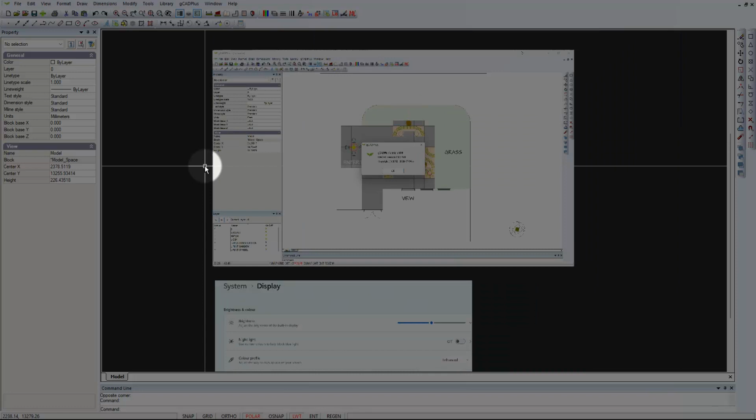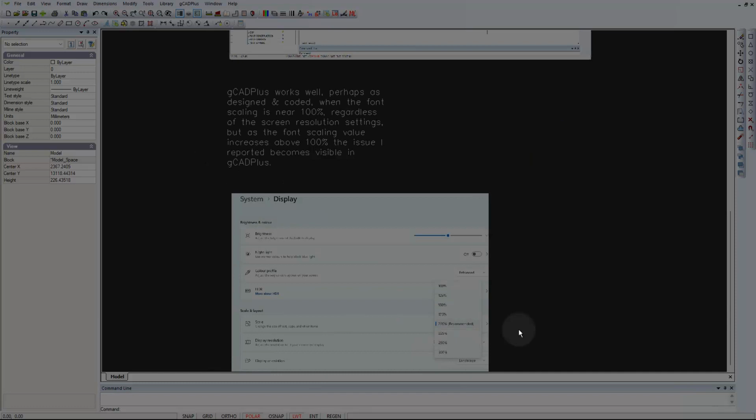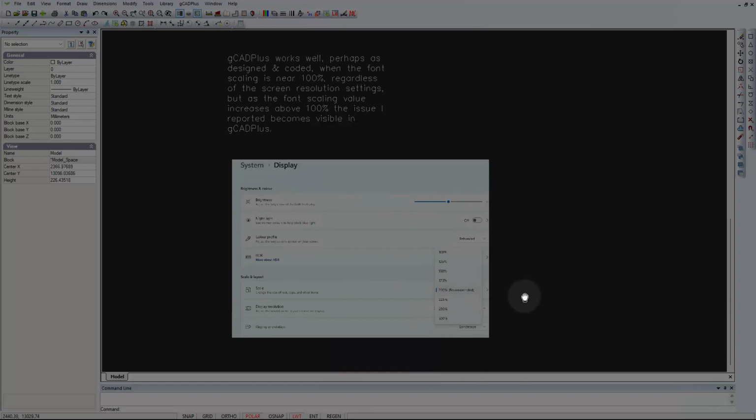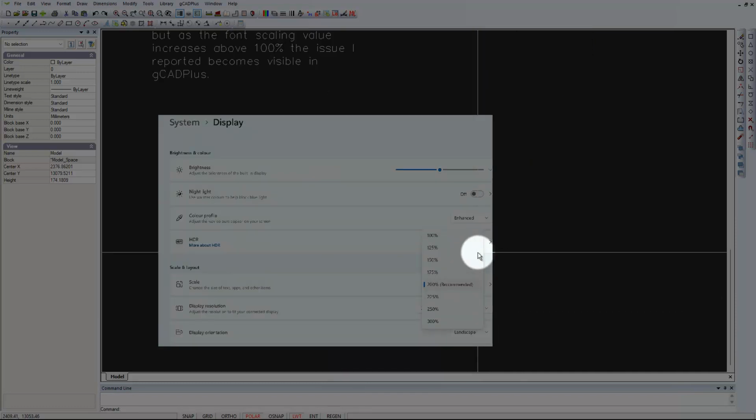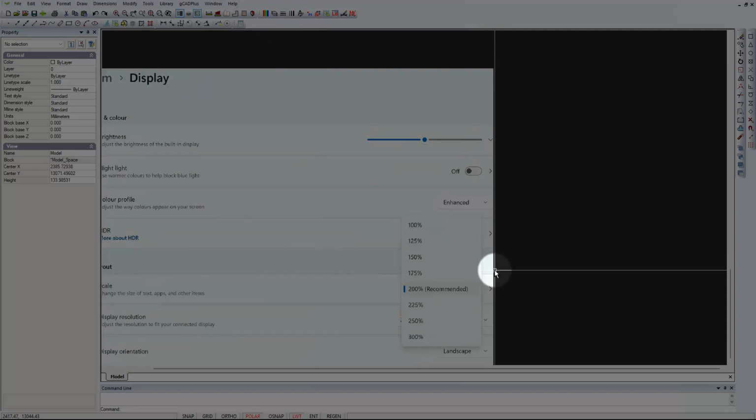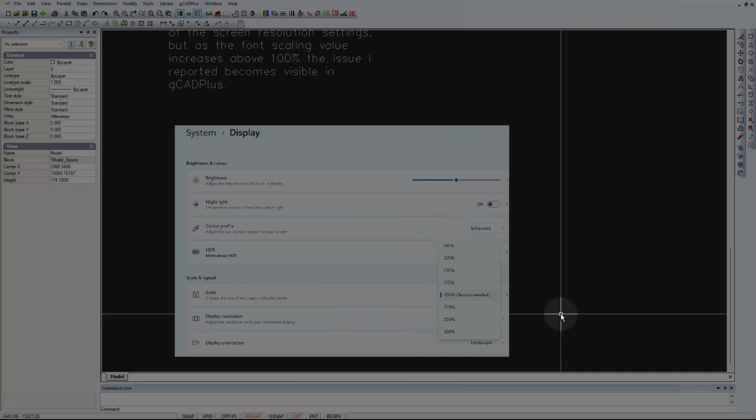Our US user has done some good research on this, and he finds that it's a problem with the scaling of the font. So in his system, it automatically, picking the highest resolution that the system is capable of, a 200% scaling is placed on gCADPlus, and that causes the problem.